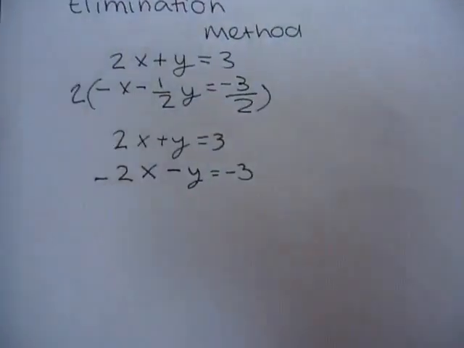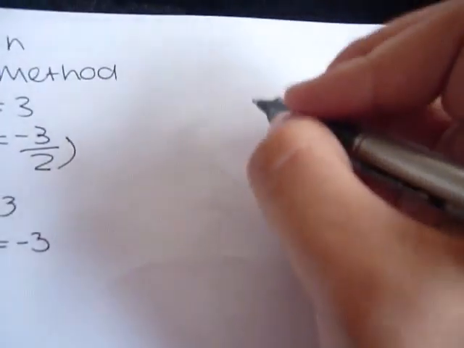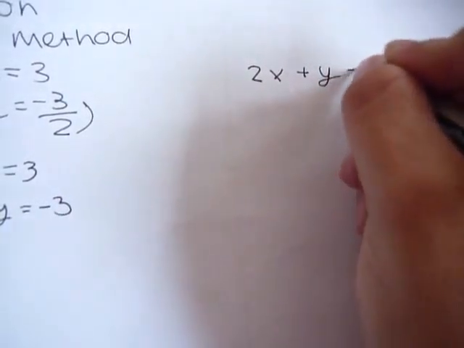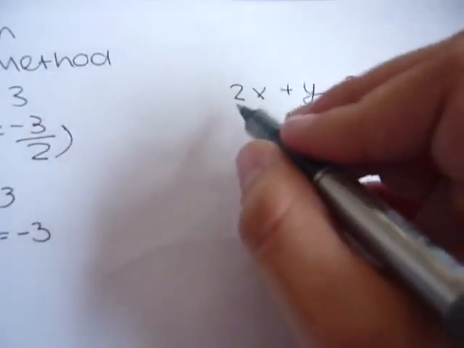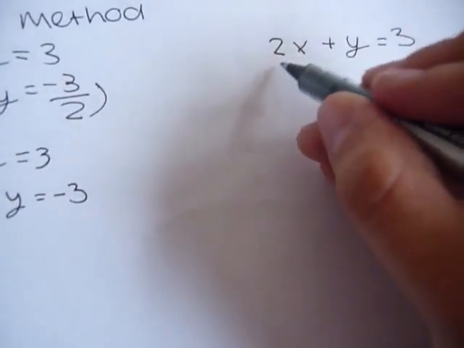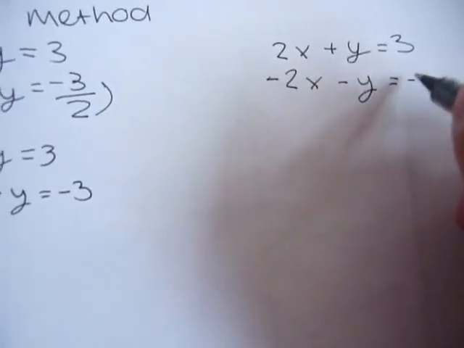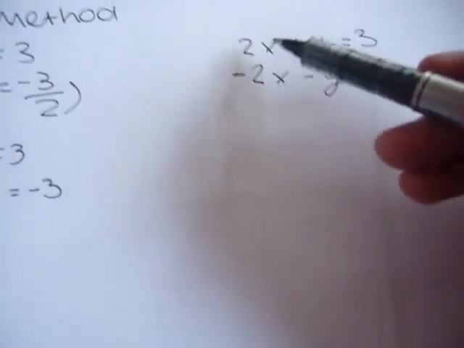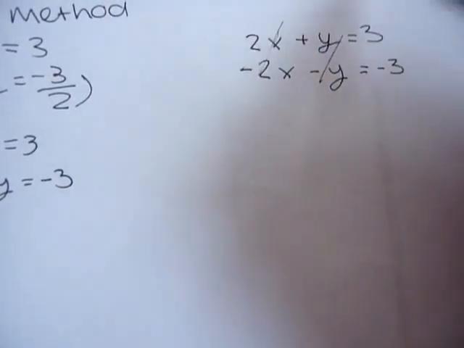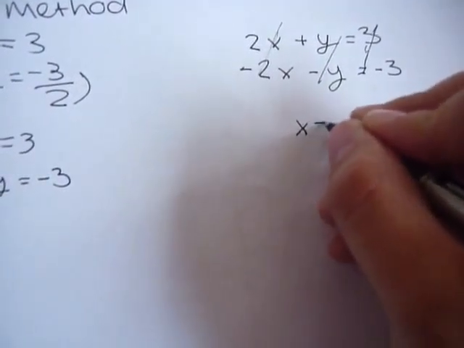Okay, now we have to eliminate to clear x. We're going to do 2x plus y equals 3, and the one we just did, that is this one, is minus 2x minus y equals minus 3. As we can see, these are opposite, so they all cancel out. And as they are the same number, x equals 0.